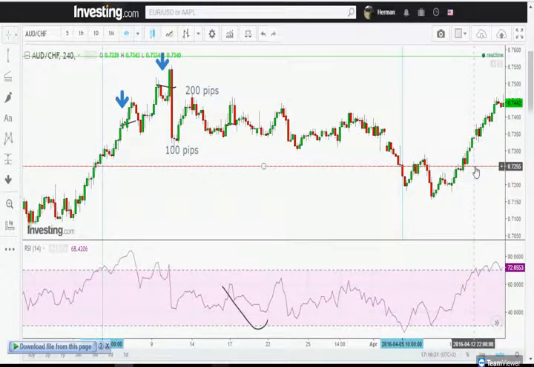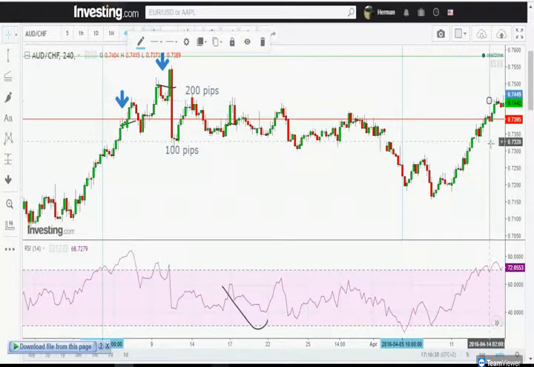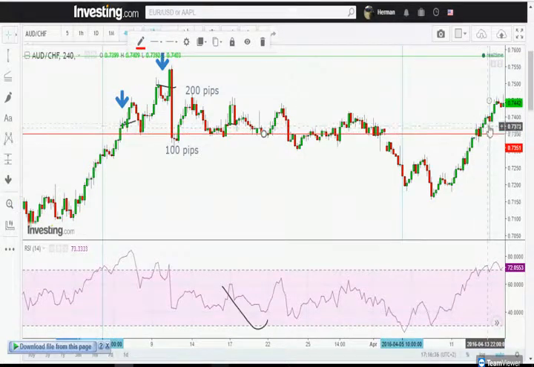Then here, can you see that now? It reached the overbought level here. So here, the RSI reached the overbought level.